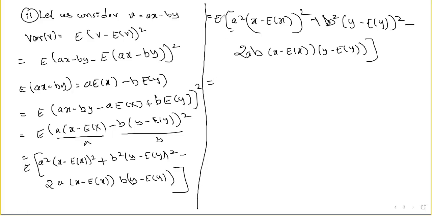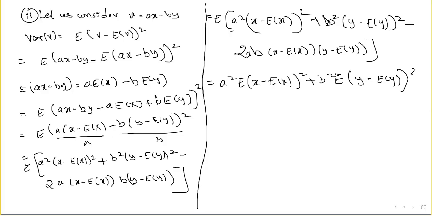Now when we apply this expectation inside, a square into expected value of x minus expected value of x whole square, plus b square expected value of y minus expected value of y whole square, minus 2ab expected value of x minus expected value of x into y minus expected value of y.